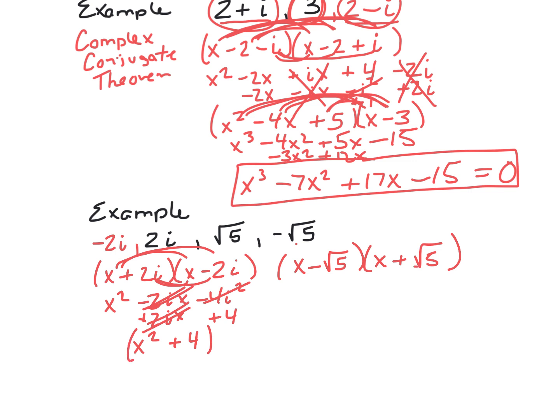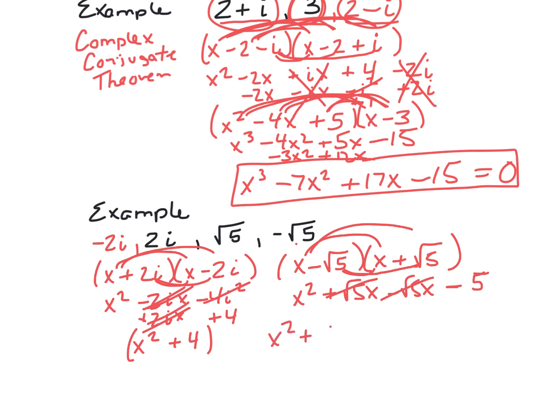Now I could take these two and multiply them together. So I'd have x squared, root 5x and negative root 5x, and then negative root 5 times root 5 would be a negative root 25, which is just plain old 5. These cancel, and I'm left with x squared plus 5.